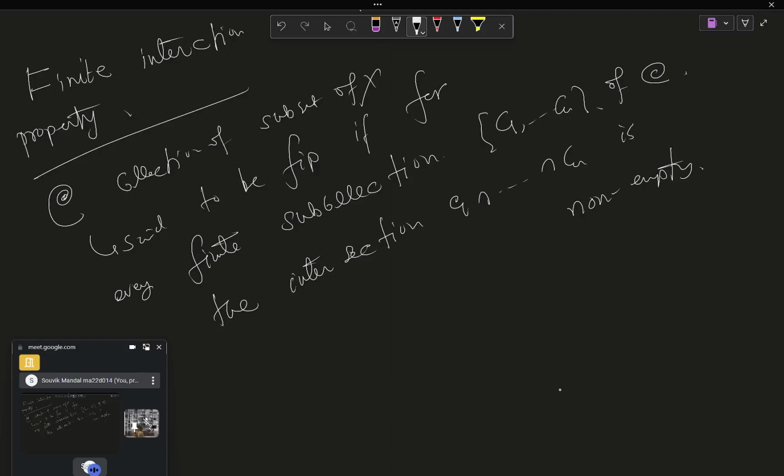This is what we mean by the finite intersection property, in short FIP.